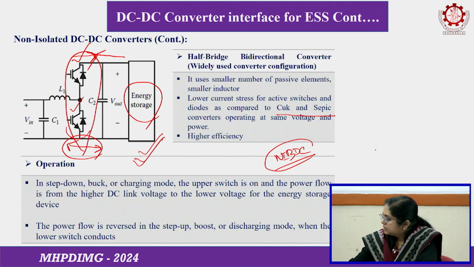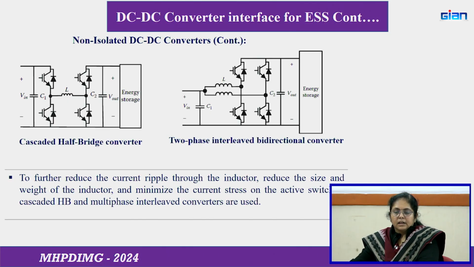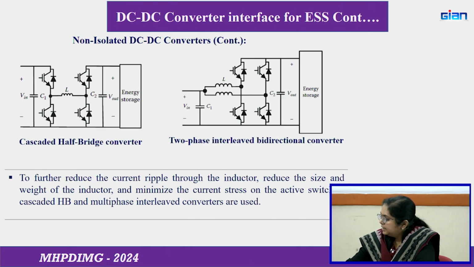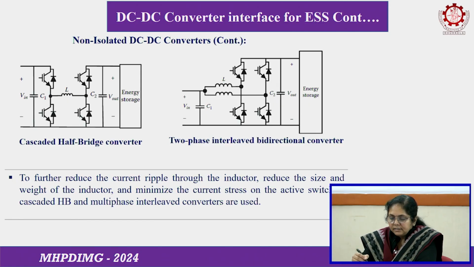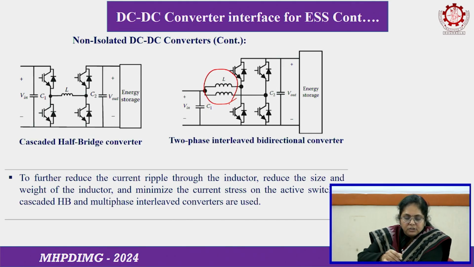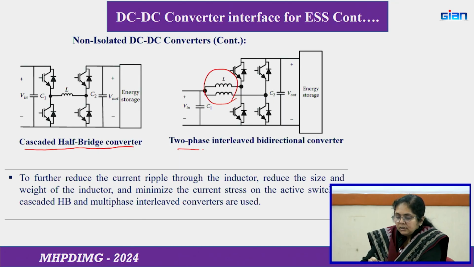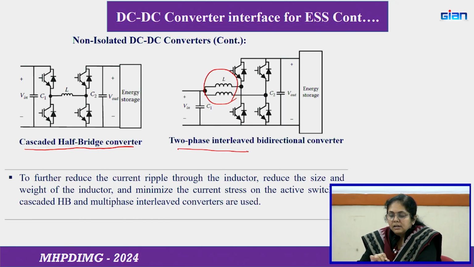So, this bidirectional converter is also called a bidirectional buck boost converter. Okay. How this topology operates, we will see. With that single leg, if we add more legs, we get some more advantages for high power applications, so we go for two more topologies. One is the cascaded half bridge converter topology, CHB, and the second one is the interleaved bidirectional converter topology.